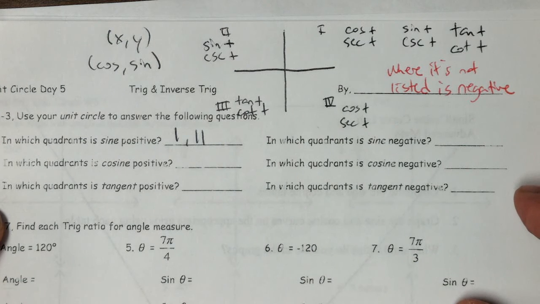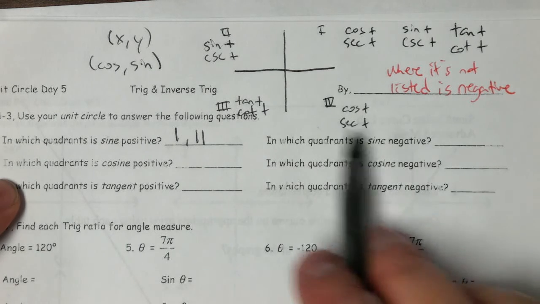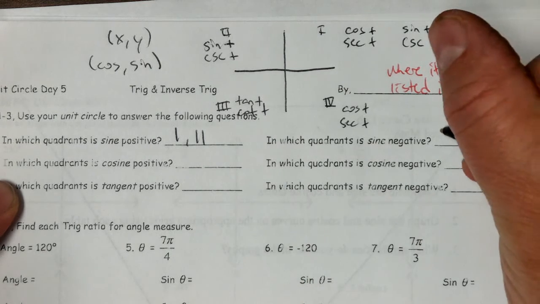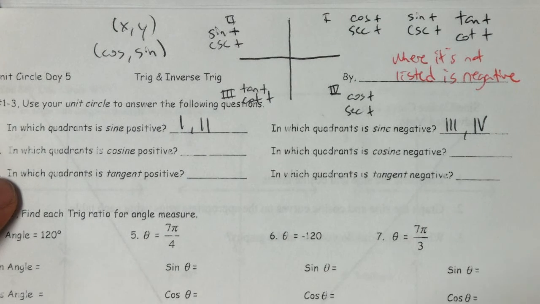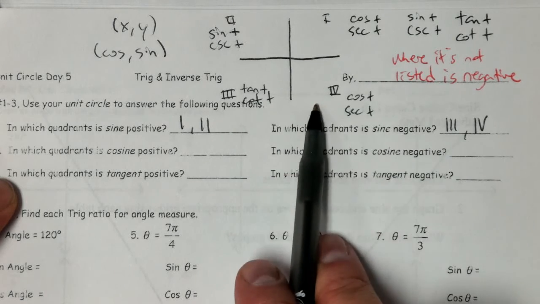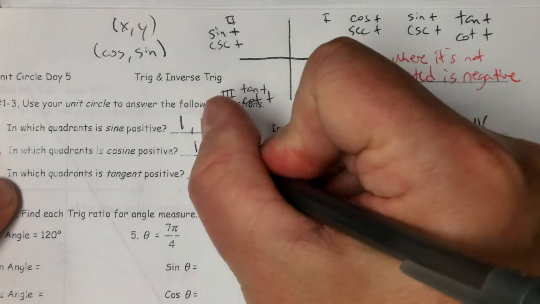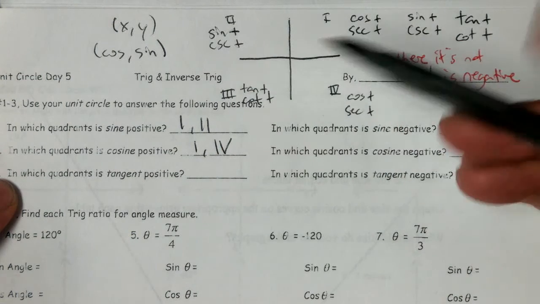Using Roman numerals. And sine is negative in 3 and 4. Cosine is positive to the right, so it's 1 and 4. And negative in 2 and 3.